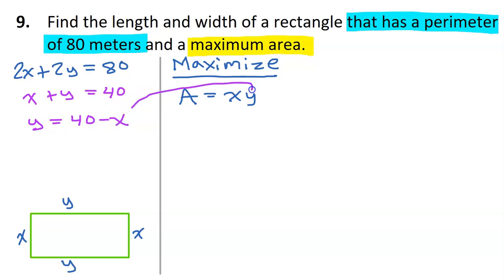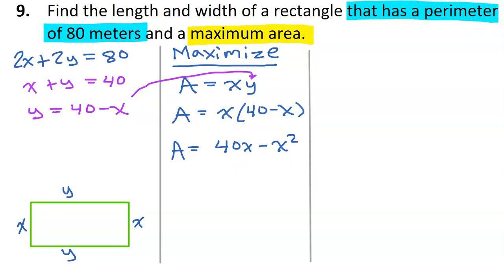So let's substitute that right here, and we will get a new expression for area that only has one variable, x times 40 minus x. Let's go ahead and distribute to make it easier to take the derivative later, and I have 40x minus x squared. The maximum area will occur when the derivative is either equal to 0 or is undefined.